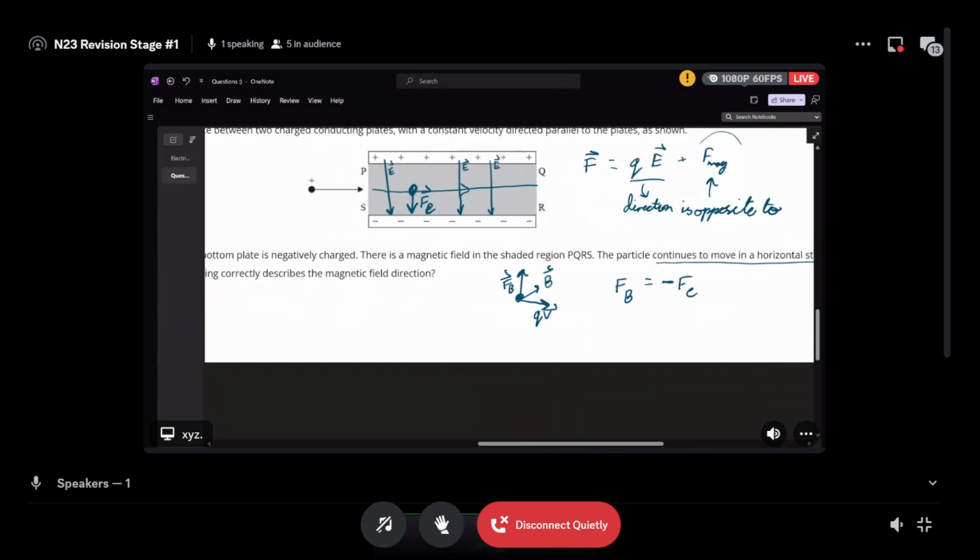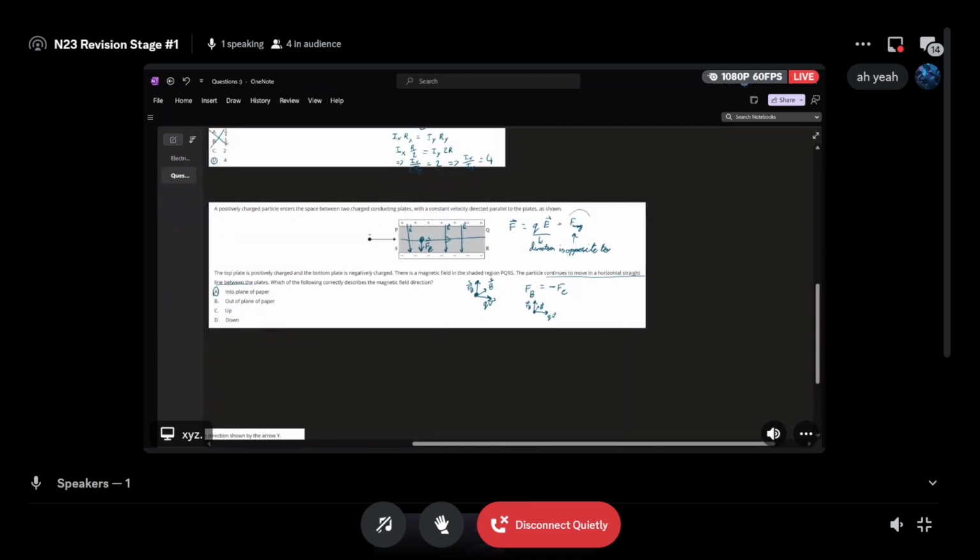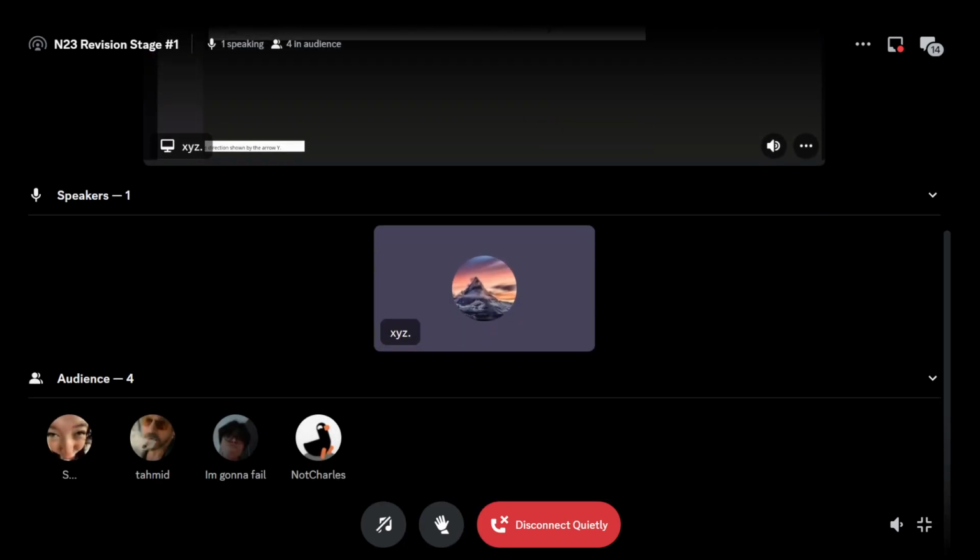And we know that the velocity of a positive particle is to the right. So if force is up, velocity is to the right, then that means that the field must be going into the page. Cool.